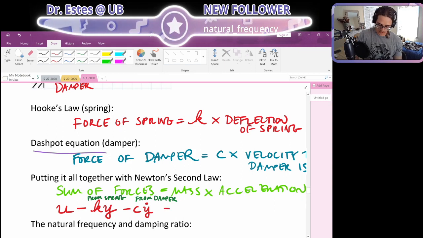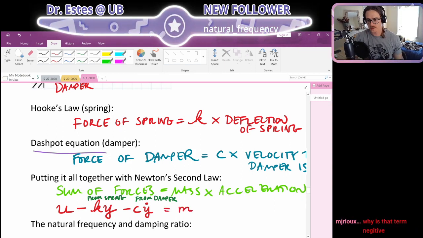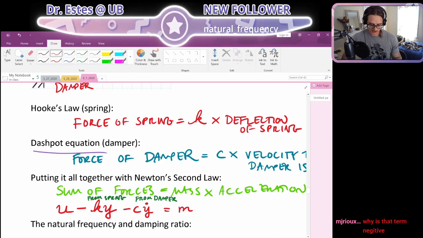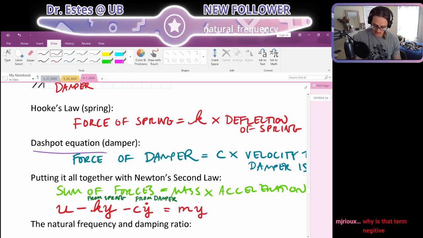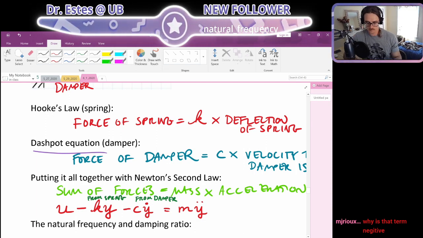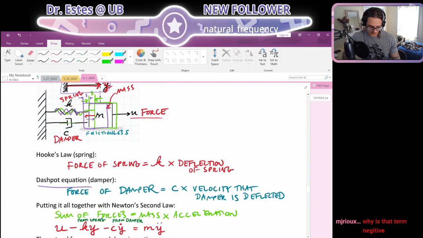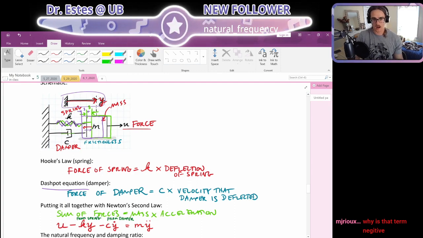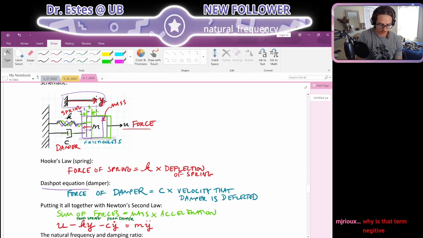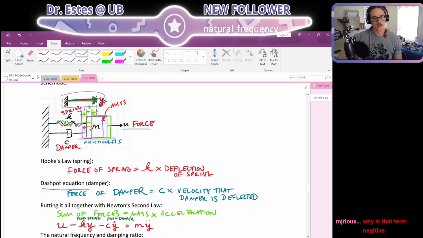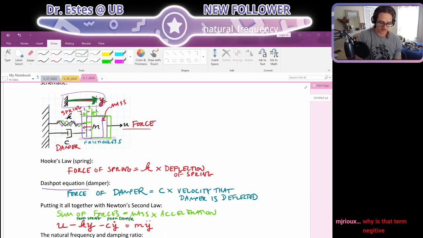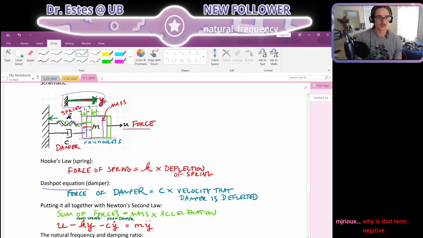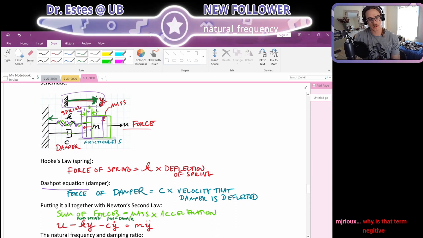And then that's going to be equal to the mass times acceleration. Why is the term negative? Because I'm defining positive forces to be the forces that are along the same direction as y. So the spring, if I move this mass to the right, the spring wants to pull it to the left. If you stretch out that spring, it's going to pull you that way.